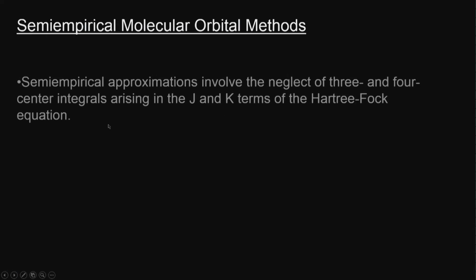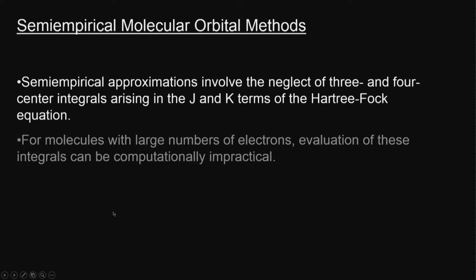Most of the semi empirical methods are based on molecular orbital methods. It approximates by neglecting 3 and 4 center integrals in the J and K terms of the Hartree-Fock equation. Some methods give certain parameters or certain equations to consider these 3 and 4 center integrals.